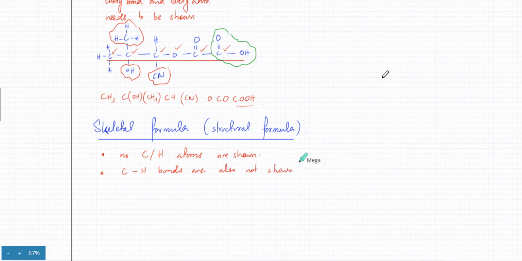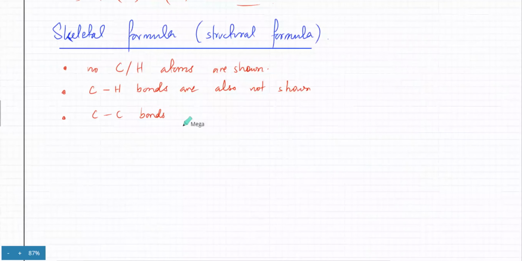So what do you actually show? The carbon carbon bonds are shown. So in a skeletal formula, the carbon carbon bonds are shown.